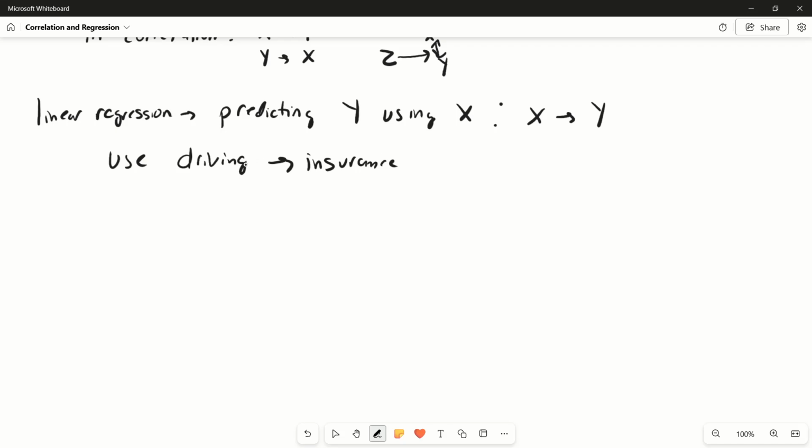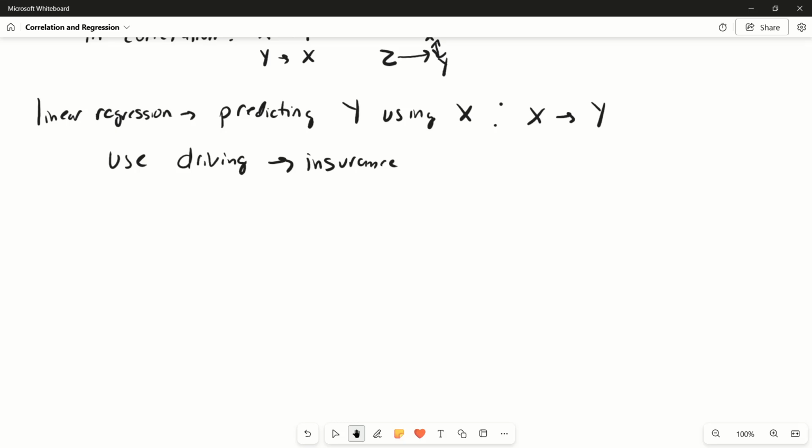I'm using driving experience to predict insurance cost. That makes sense, right? It doesn't make sense to use insurance to predict driving experience because that sounds like nonsense, right? You're using driving experience to predict insurance in that one direction. So this is different than a correlation because we're only going in one direction.